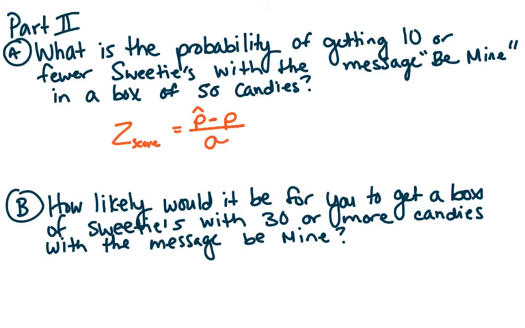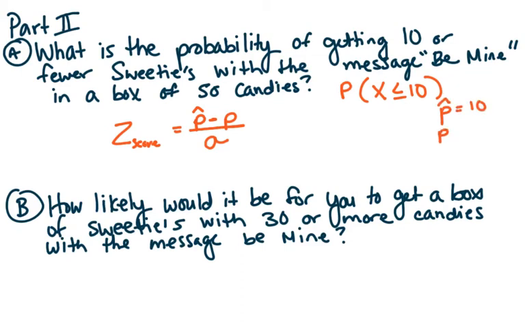And so the probability of getting less than or equal to 10 is what I'm looking for. And so if that's what I'm looking for, then my p hat is going to be 10.